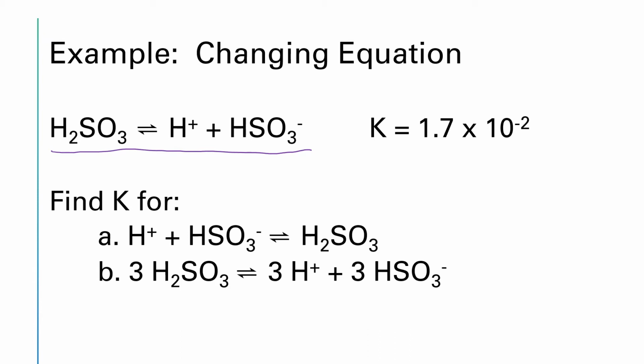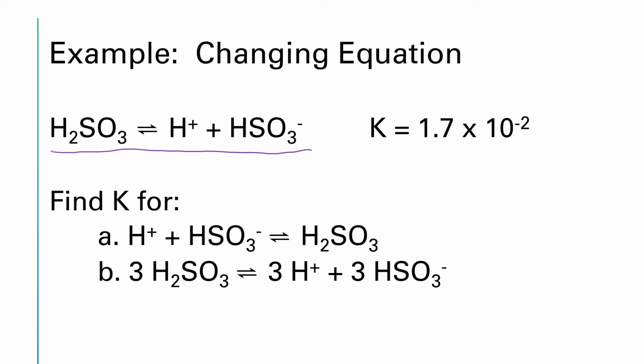Let's first find K for the reverse of this reaction, H plus HSO3 minus in equilibrium with H2SO3. So we just took what were the products and moved those to the reactant side, and what was the reactant and moved that to the product side.